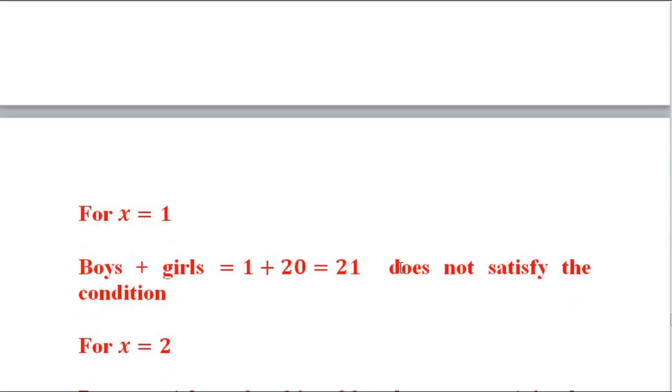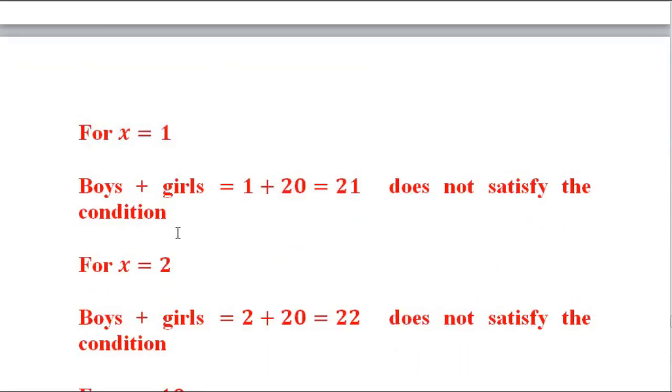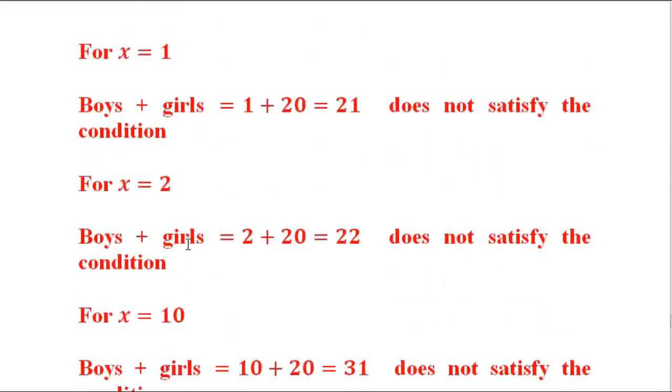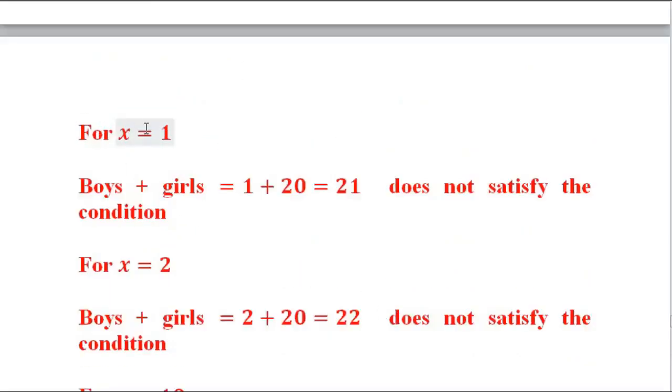I have checked the values of x equals 1, 2, and 10, but these values of x do not satisfy the given condition. For example, for x equal to 1, it means that the number of boys is 1. Then the total number of boys and girls becomes 20 girls plus 1 boy, equal to 21 students. However, the question states that the number of students in the class is between 30 and 40.